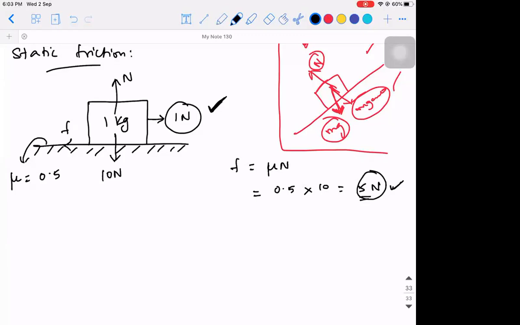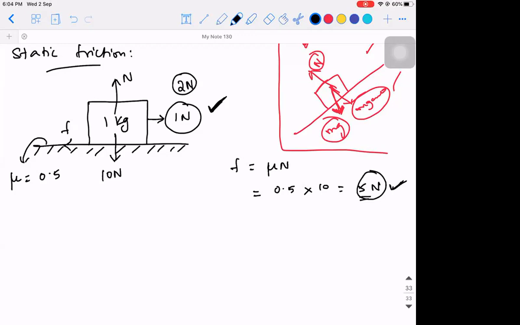Similarly, when I increase the force to 2 Newton, how much will be the force exerted by the floor on the block? Either 2 Newton or more than 2 Newton? It is only 2 Newton. It will only bring 2 Newton. Similarly, when I increase to 3 Newton, it will be 3 Newton. 4, 4. 5, 5.